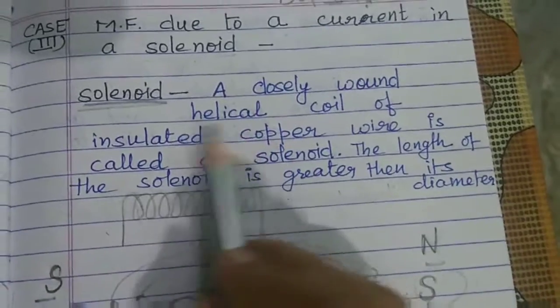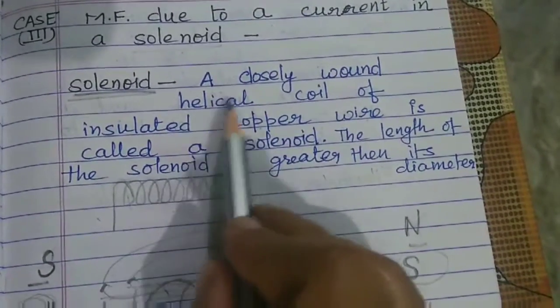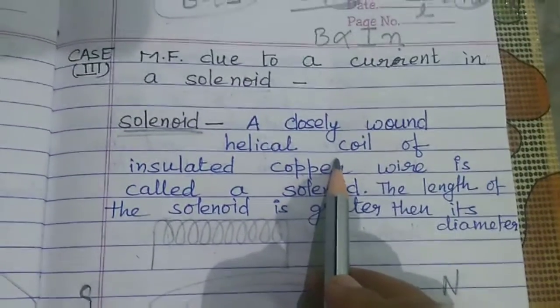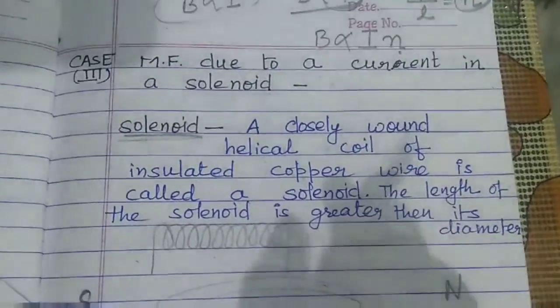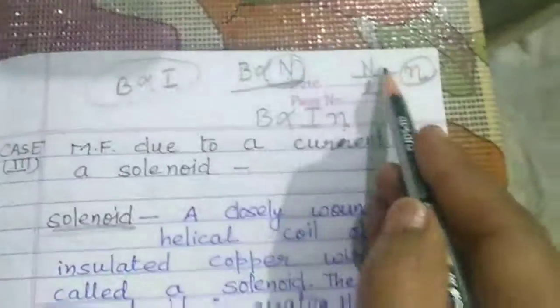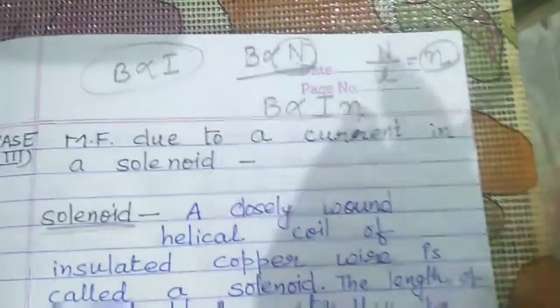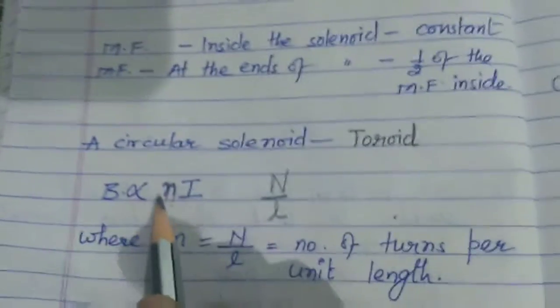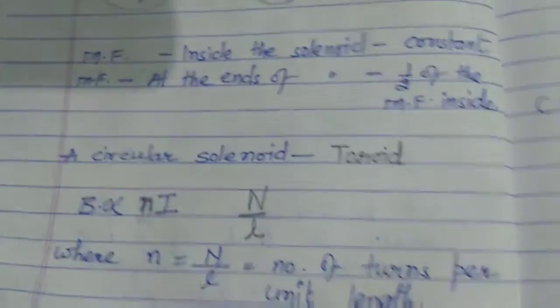We have a copper wire which is closely wound, a helical coil. So there are so many turns, so we do not consider the total number of turns. Instead, we only consider number of turns per unit length. So here the magnetic field strength is directly proportional to n into I.